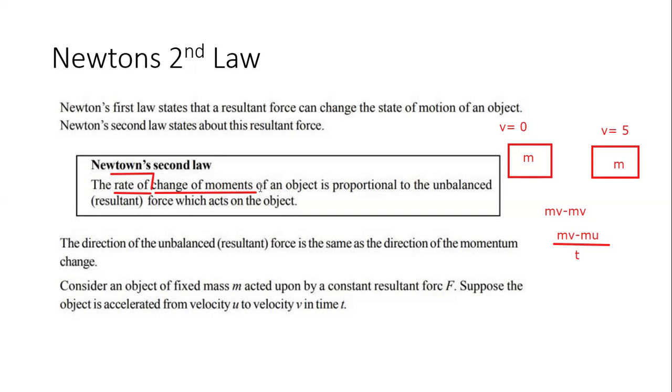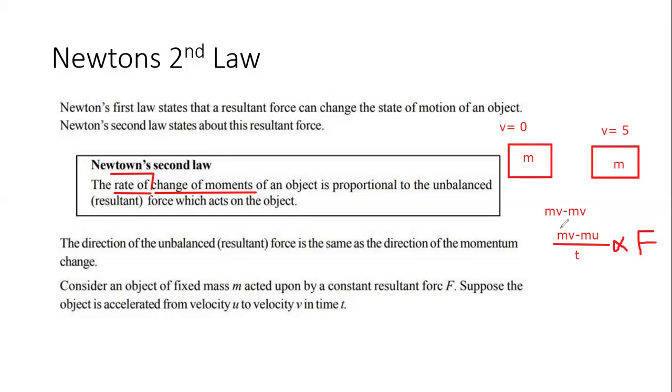The rate of change of momentum of an object is proportional to the unbalanced, also known as the resultant force, which acts on the object. When we talk about proportions, the proportion sign can be written like this. And for the resultant force, I will take F here.